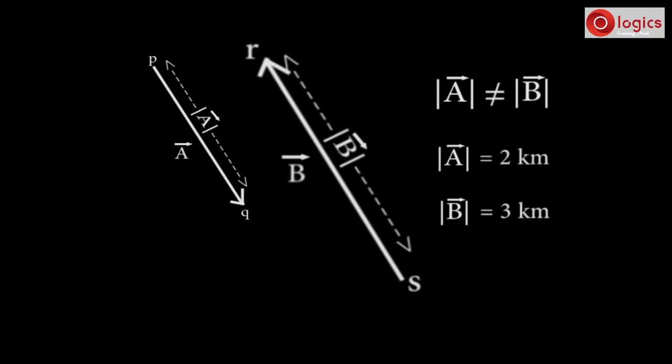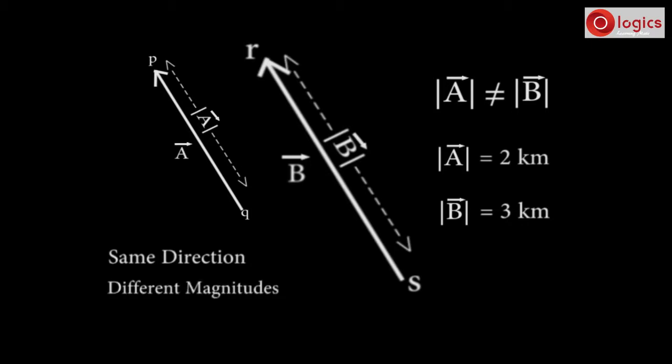Now, if these vectors A bar and B bar are in same direction, then we say A bar and B bar as like vectors. Two vectors having same directions and different magnitudes are said to be like vectors or parallel vectors.